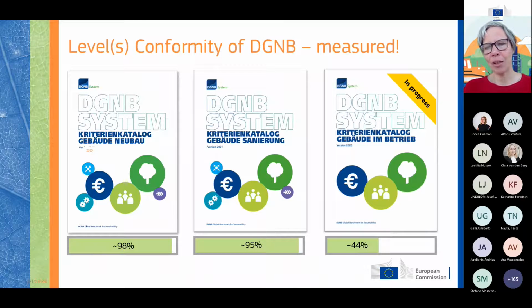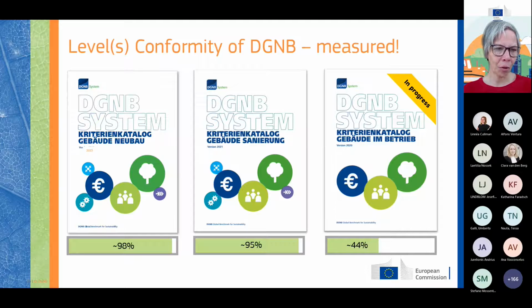On the next slide, you can see an analysis we did on a quantitative basis. This was one of the outcomes of a project we did together with seven other green building councils in Europe, where we all worked on integrating Levels better into the schemes and providing trainings. We did a quantitative analysis on how the Levels framework is integrated into the DGNB system.